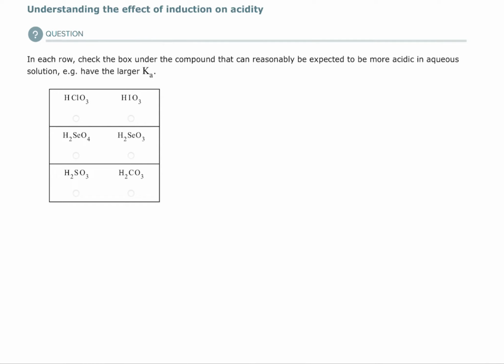All right, so they're going to give you two acids and ask you which one is going to be more acidic. So you have to think, if it's more acidic, what that means is it's going to give up its hydrogen more readily. So if it's giving up its hydrogen easier, then that's going to be a stronger acid.